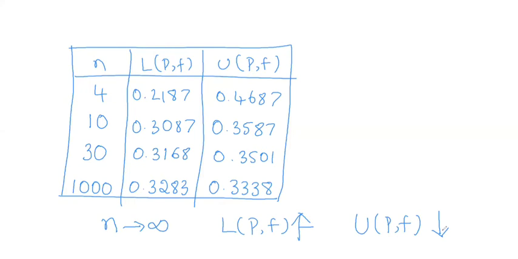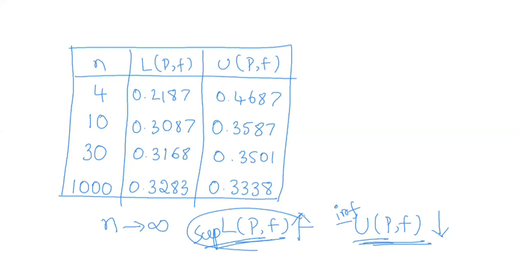So as n becomes larger and larger, that means as the subintervals in between 0, 1 increase, the lower Riemann sums go on increasing and the upper Riemann sums go on decreasing. To define the lower Riemann integral, we take the supremum of the lower Riemann sums, and to define the upper Riemann integral, we take the infimum of all these upper Riemann sums.